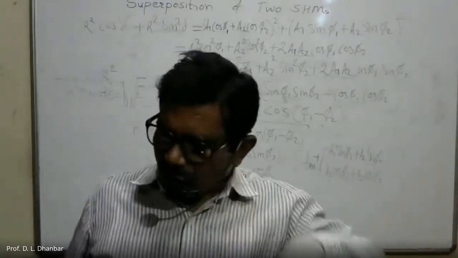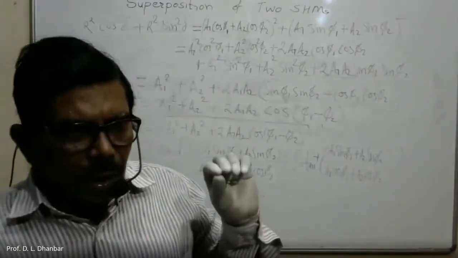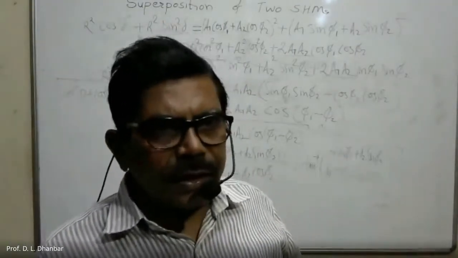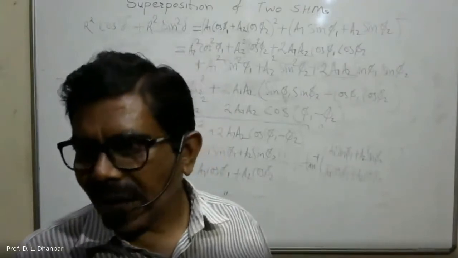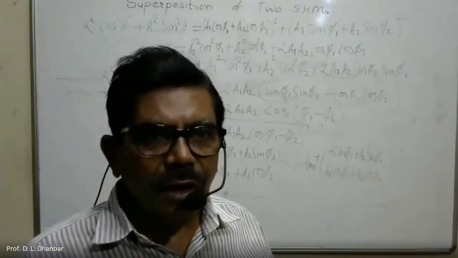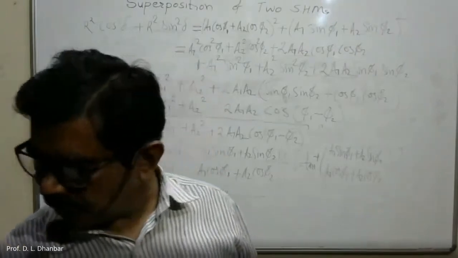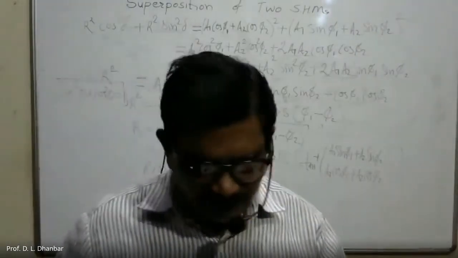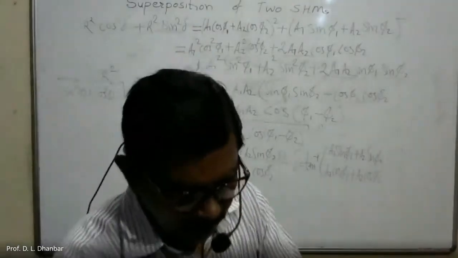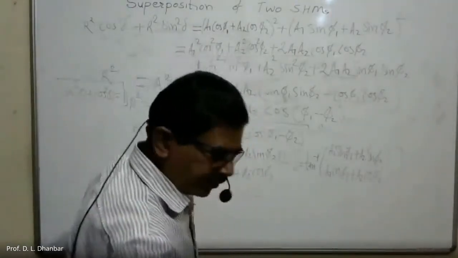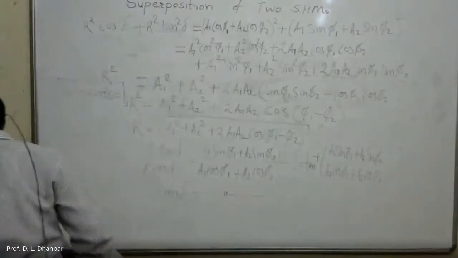Now our aim is to find out, under certain conditions, what the resultant amplitude is. We will see that one by one. The first case: if two simple harmonic motions are in phase.